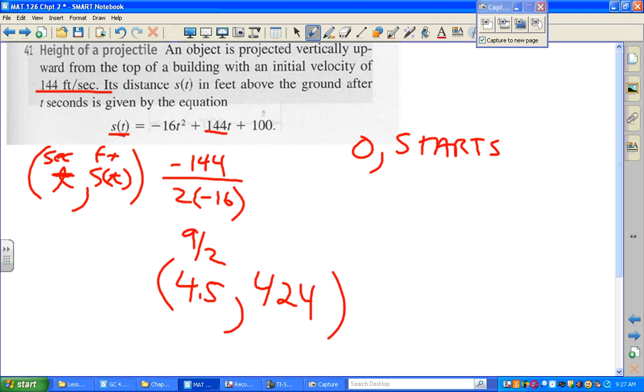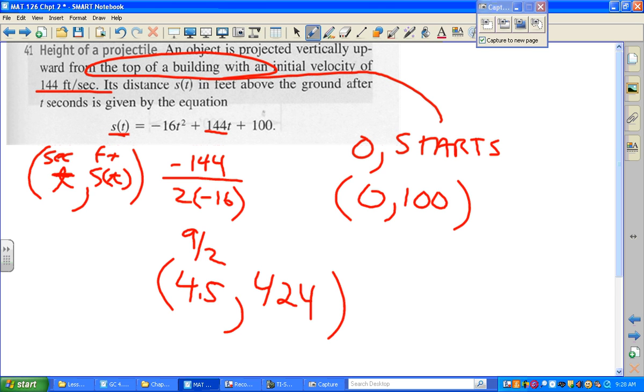This question says it starts at the top of a building. Part B says, what's the height of the building? You put 0 in, you get out 100. So the building's 100 feet tall. It asks for the maximum height and the height of the building. It is the maximum height.